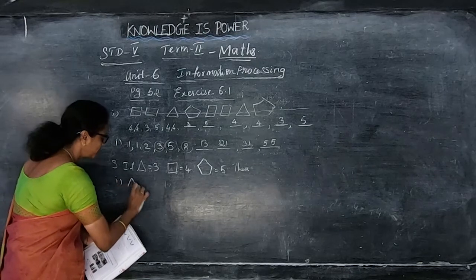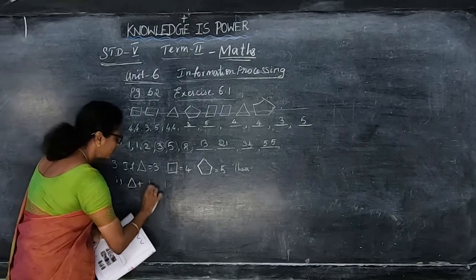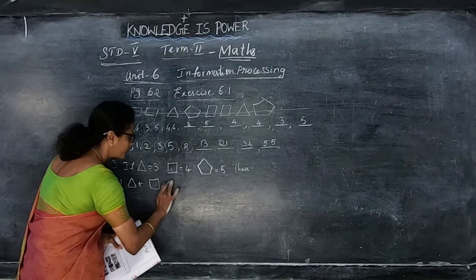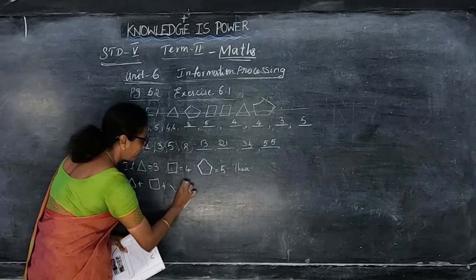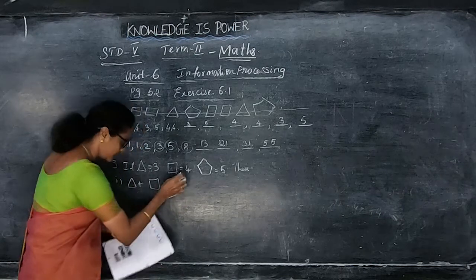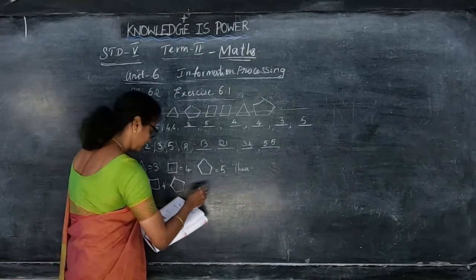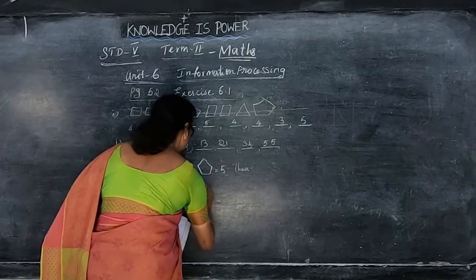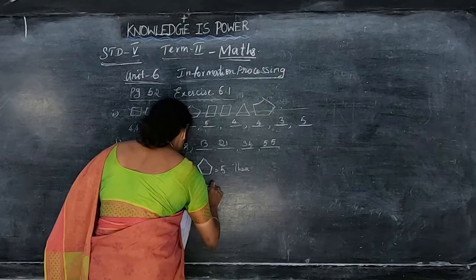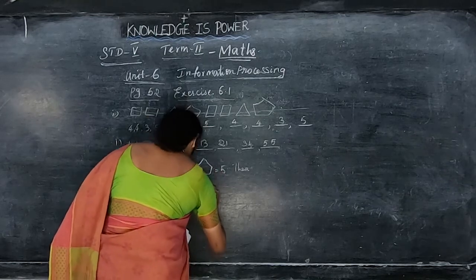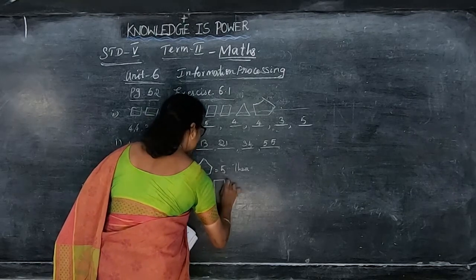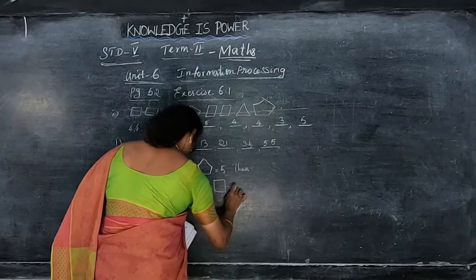First sum: triangle plus square plus this plus again triangle minus box is equal to dash.